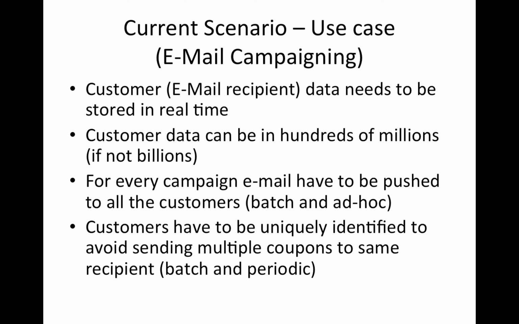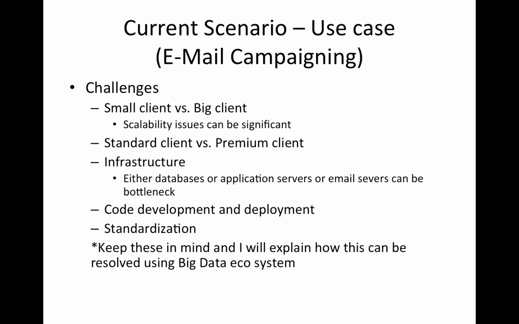And also, you need to come up with a process where you can uniquely identify all the unique customers to avoid sending multiple coupons to the same customer. So it needs to be done in batch and at regular intervals. Those are the things which you need to take care of for a reliable email campaigning product.